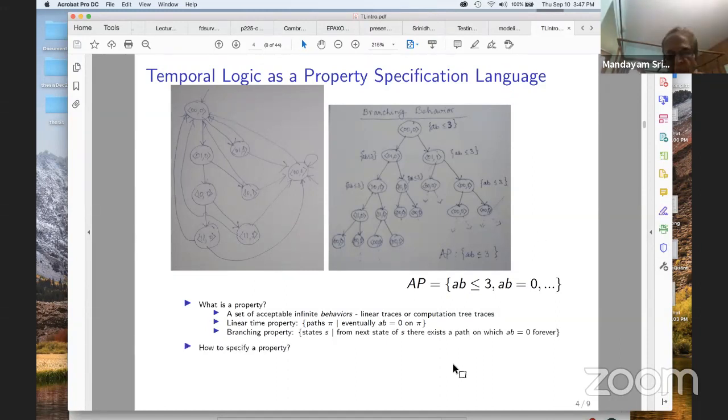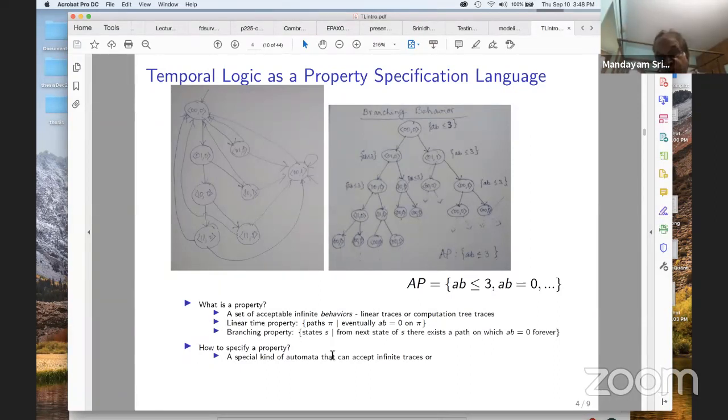So the question is how to specify a property. There are two ways. As I said, these properties are sets of traces that are constrained in a certain way, that satisfy some temporal relationship among the temporal constraints on the labels that appear on their nodes.